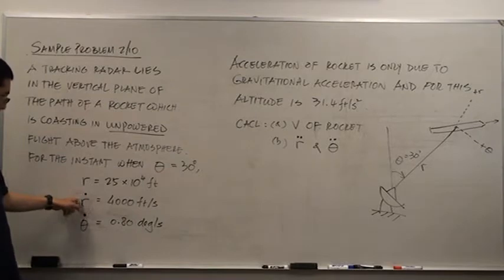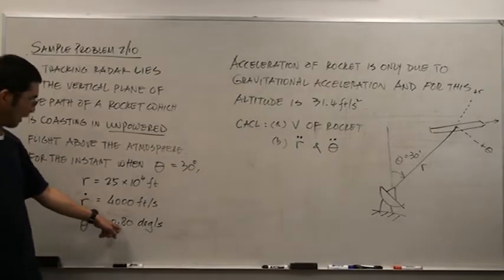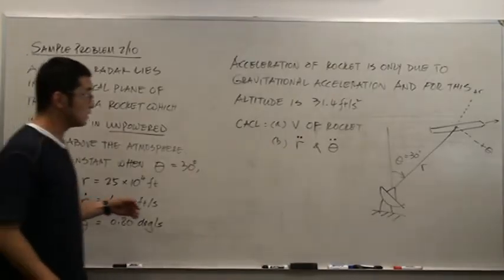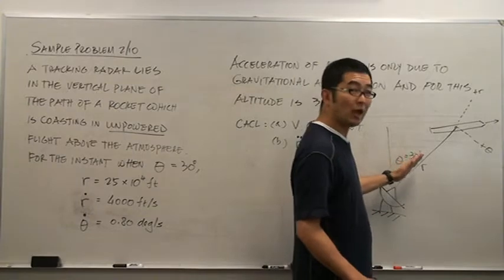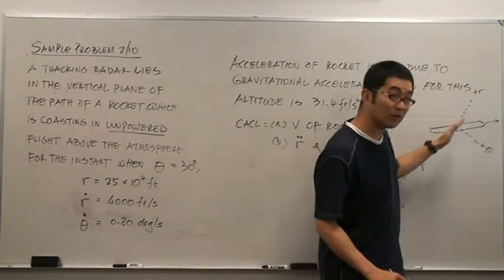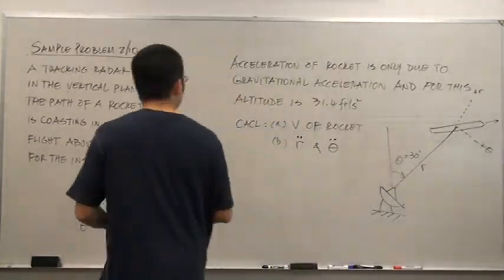R dot is 4,000 feet per second, and theta dot is 0.8 degree per second. Remember, R dot is the change in R in the R direction. In other words, there's a change in R.